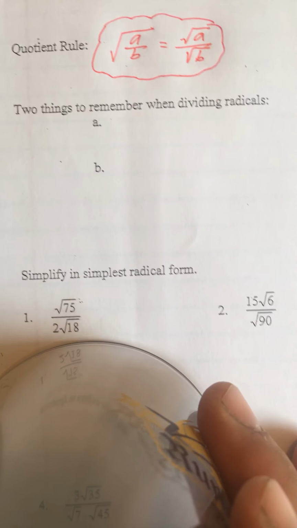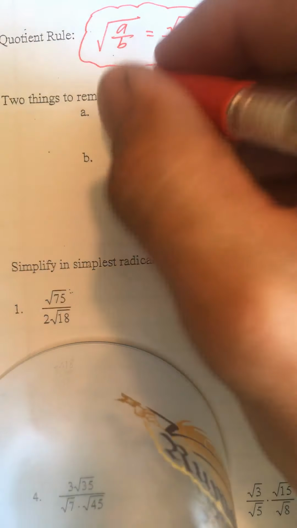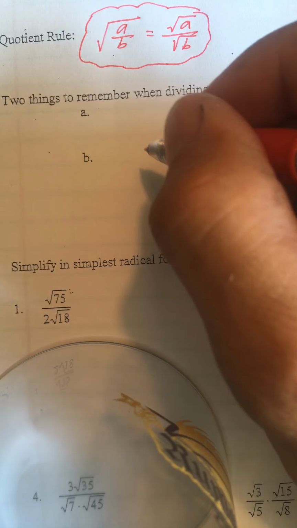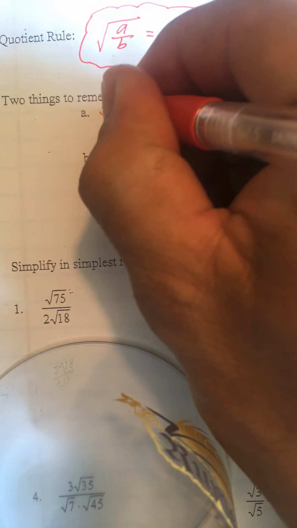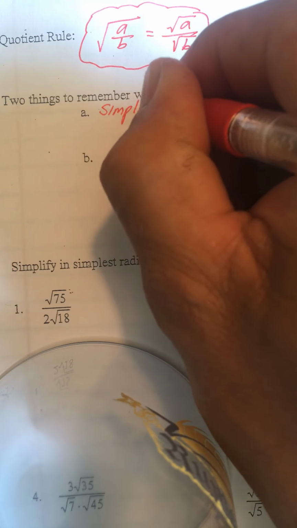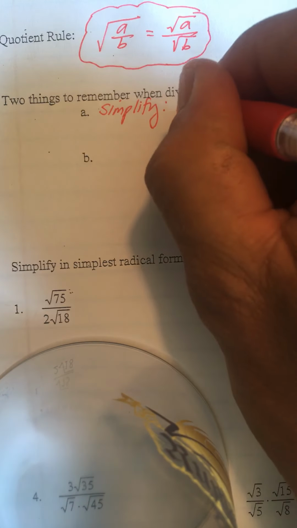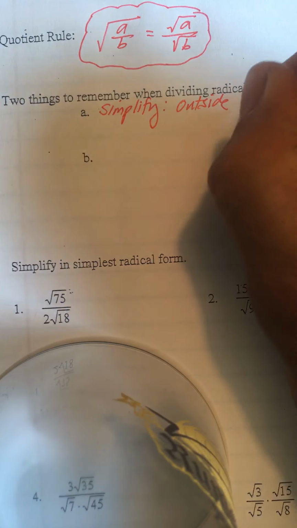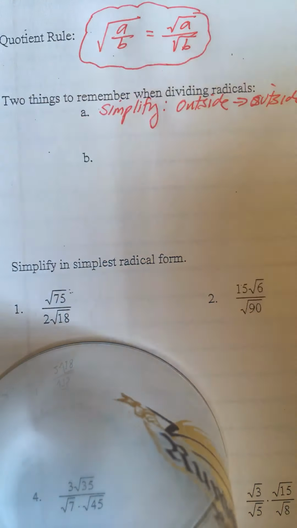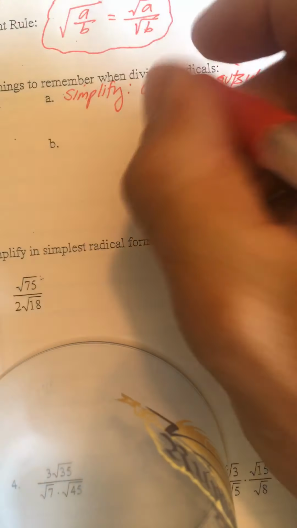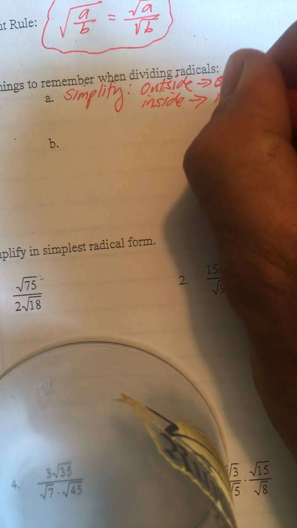There are two things you have to remember when we're simplifying radicals. One is that we are going to simplify, very similar to multiplying, anything outside with anything outside, and we are going to simplify anything inside with anything inside.